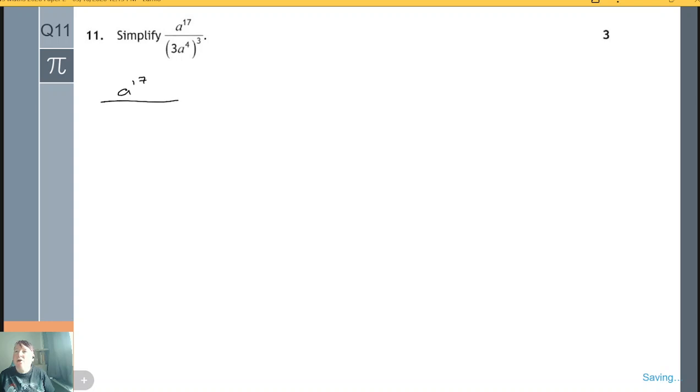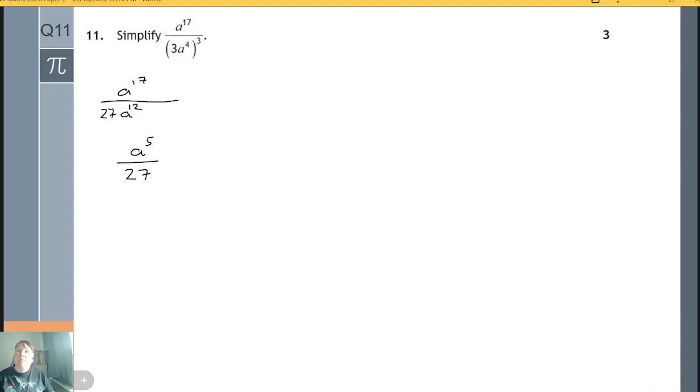What have we really got on the bottom? 3 cubed, which is 27, and a to the 4 to the 3, which is 4 times 3, which is 12. So we have got 12 a's on the bottom, 17 a's on the top. Let's cancel them out to get 5 a's on the top. a to the power of 5 over, with no a's left on the bottom, so it's over 27, and we're done.